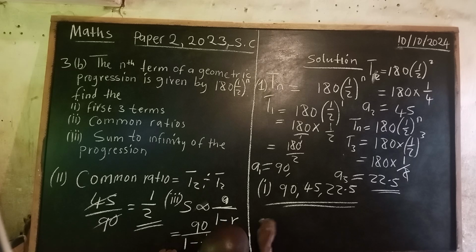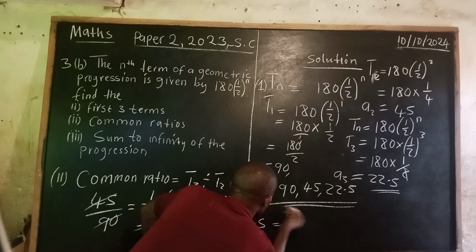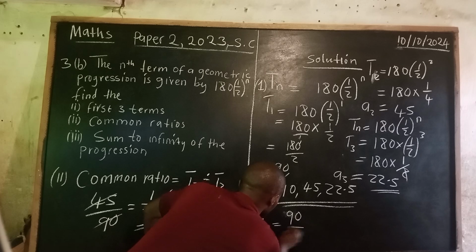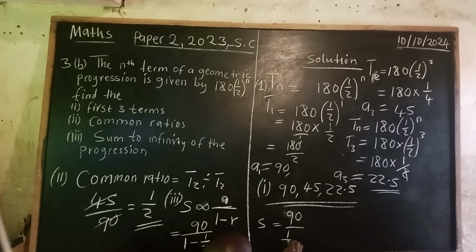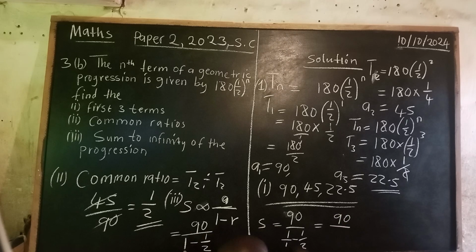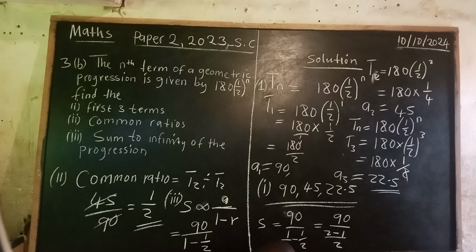Then we simplify what is down there. 90 over, the common denominator there is 2, so 2 minus 1 over 2.